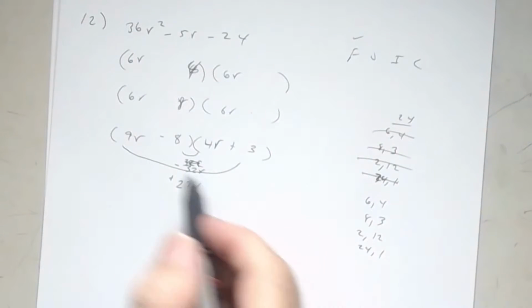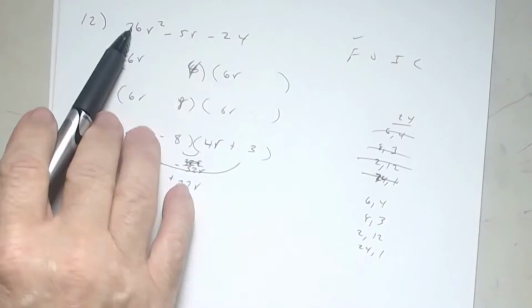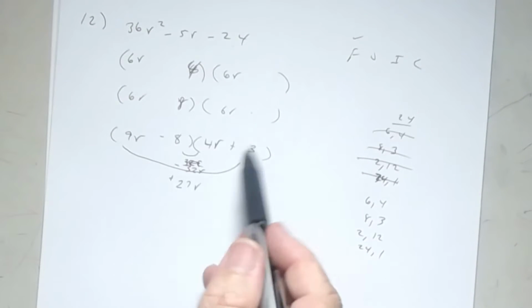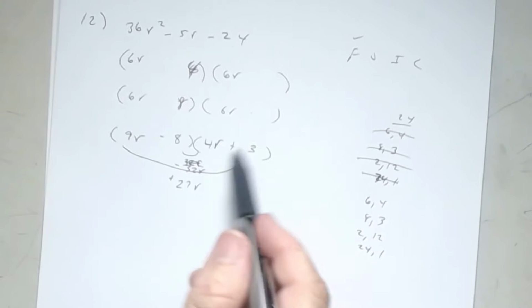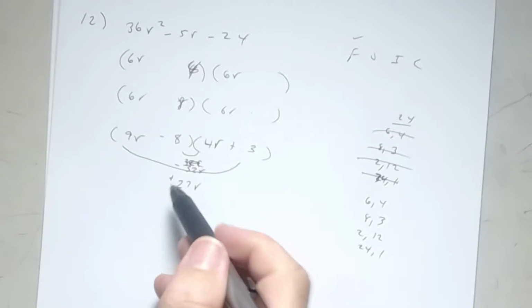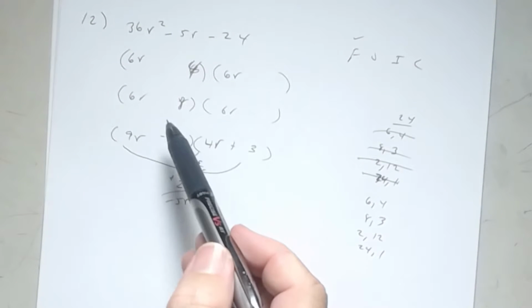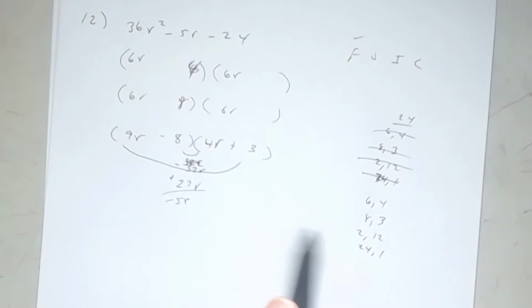The first times first is 36x squared. The outer is positive 27x. The inner is negative 32x. When I add them up, I do get negative 5x. And then the last, a negative 8 times a positive 3 is negative 24. So that's your answer.